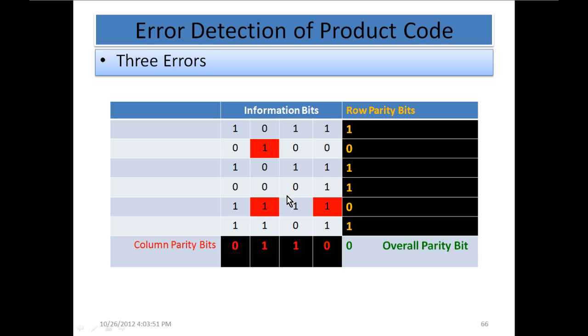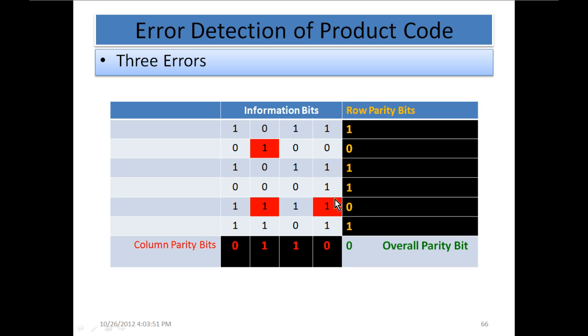Now another case of 3 errors. Look over here, the error is detected because the number of ones is odd. Again over here, the number of errors is even, so this one is not detected.